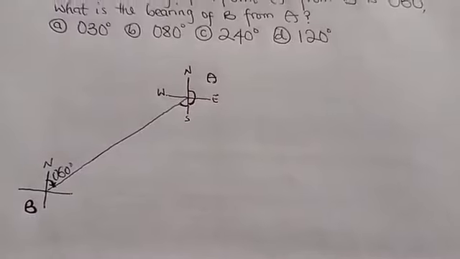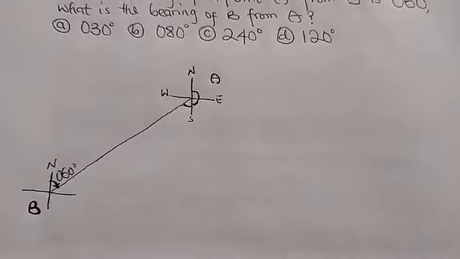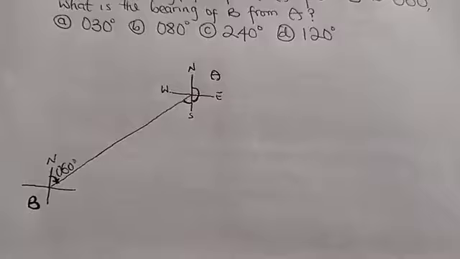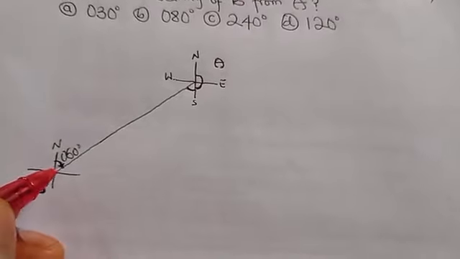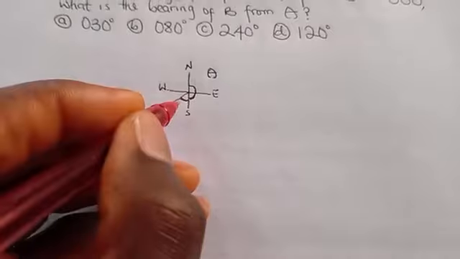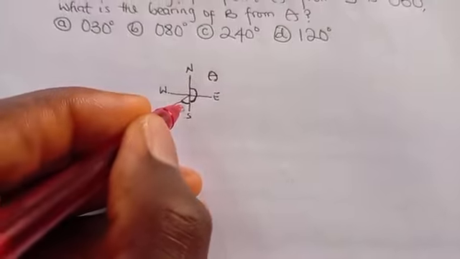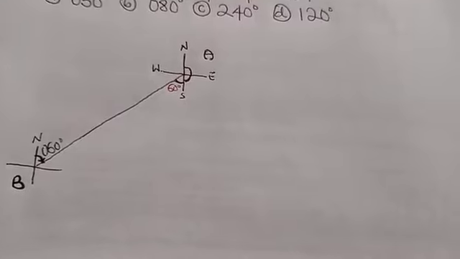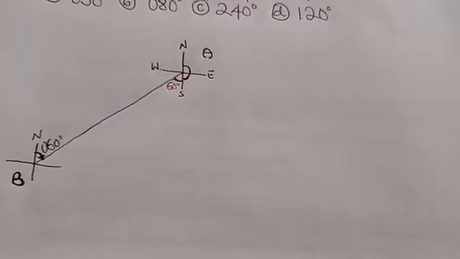And from our introduction to geometry, you will see that the value of this angle here, 60 degrees, is the same with the value here. And the reason simply is alternate angles are equal.